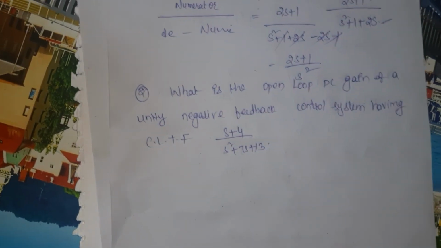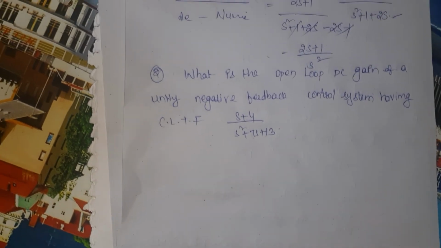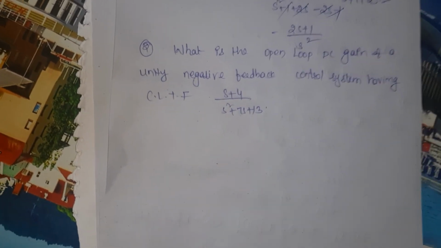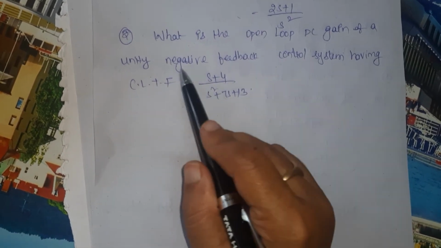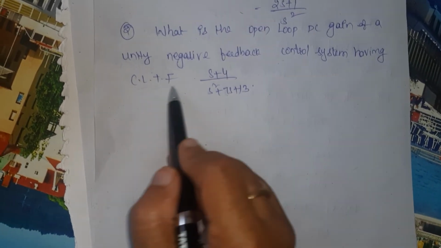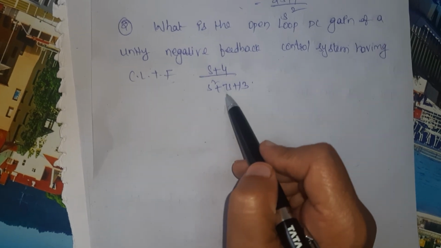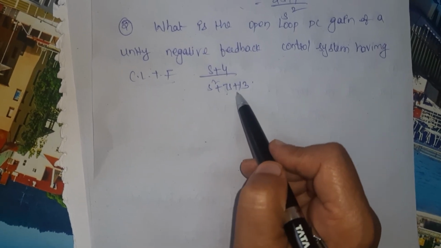So we have to find out the open loop DC gain of a unity negative feedback control system, and it is having the transfer function s plus 4 by s square plus 7s plus 13.